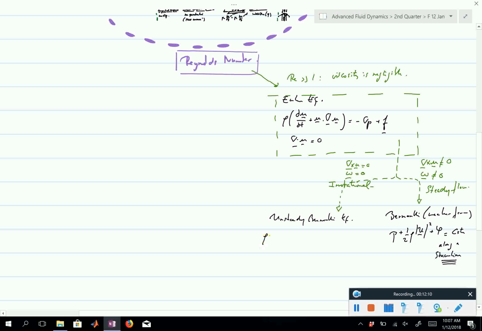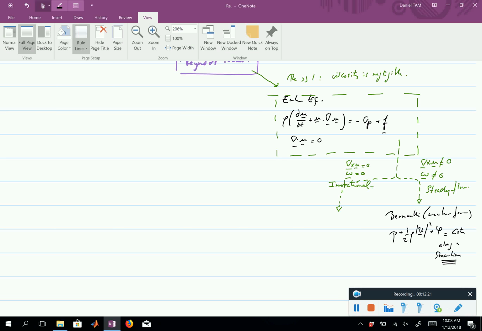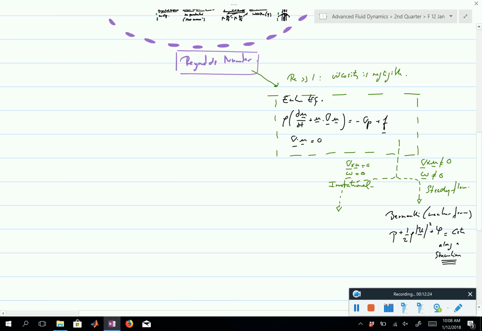And that is rho d, well, okay, let me back off. Before I write that, let me remind you that when the flow is incompressible, then in that case, if it's irrotational and incompressible, we are in the realm of ideal flows. So it's irrotational, therefore the velocity field derives from a potential.